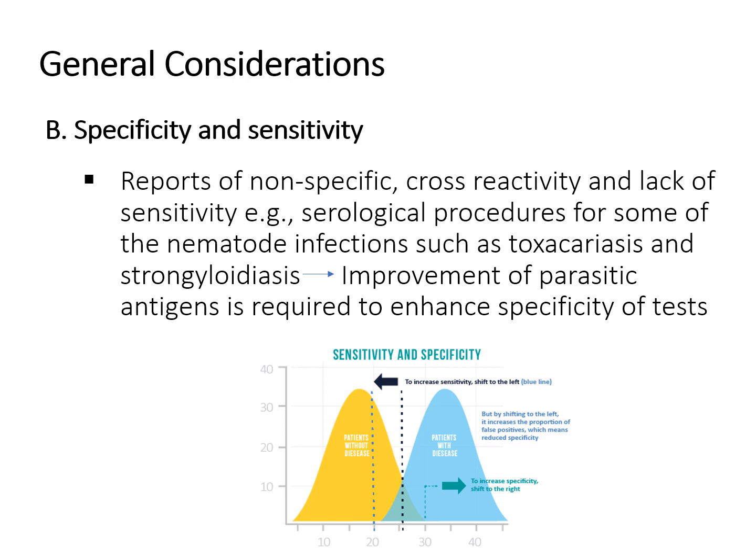There are reports of non-specific cross-reactivity and lack of sensitivity for certain tests. Certain serological tests, for example, for nematode infections such as toxocariasis and strongyloidiasis, have been shown to cross-react with each other among the parasites. So improvement of parasitic antigen is required to enhance the specificity of these tests.